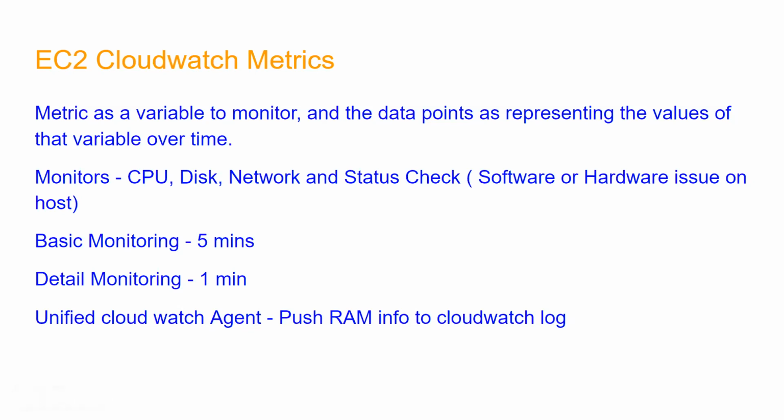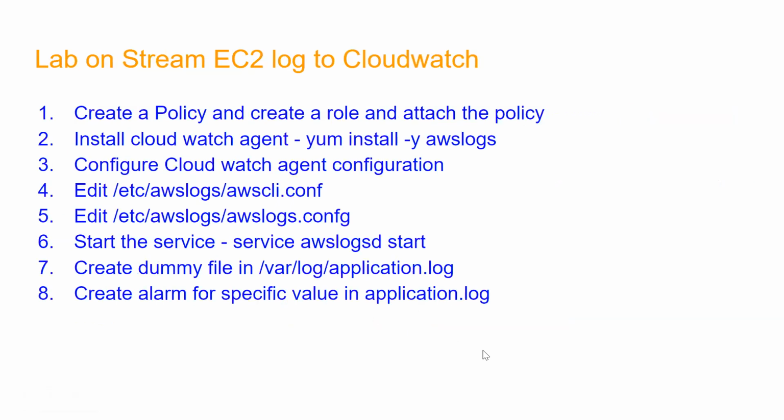With default metrics, you get this data, but with custom metrics, which you create yourself, it's not the one given by AWS. You create it based upon your requirement, so you can do customization. The last lab is on that only.